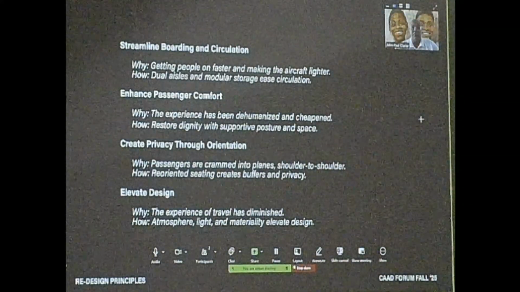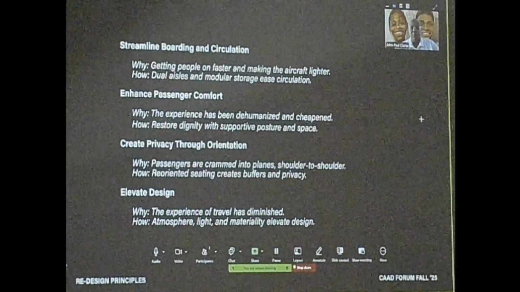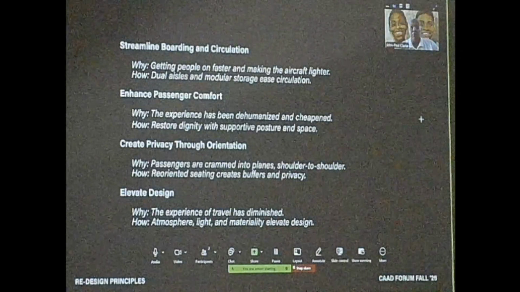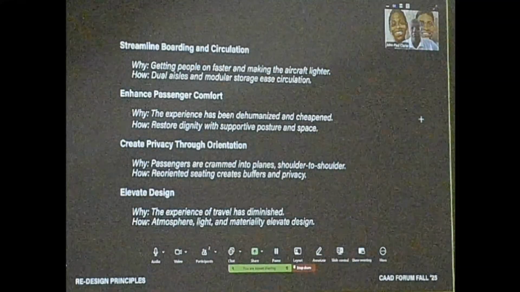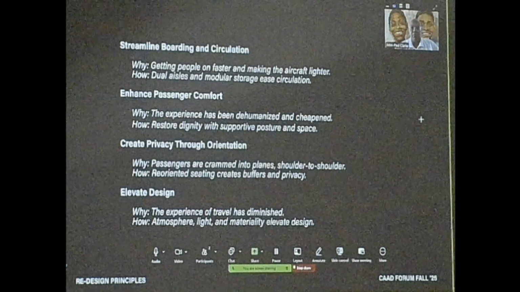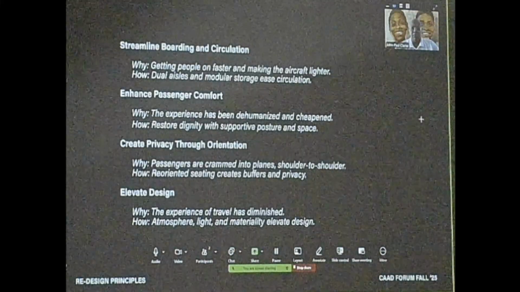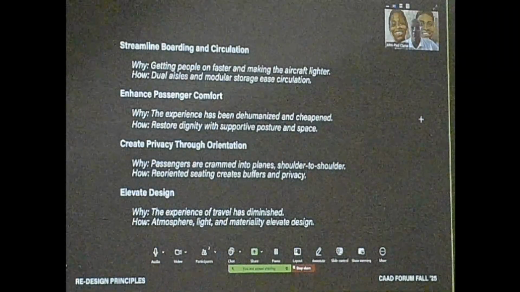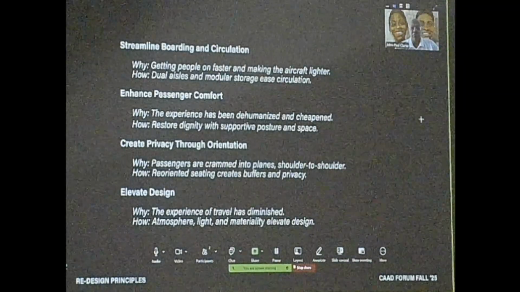And I think what we realized in the end was that we could lower the number of passengers on the plane. If we could get them on and off faster, we'd break even on cost. And we could also make the interior lighter. So all of those factors would free up opportunities to make it a better experience.